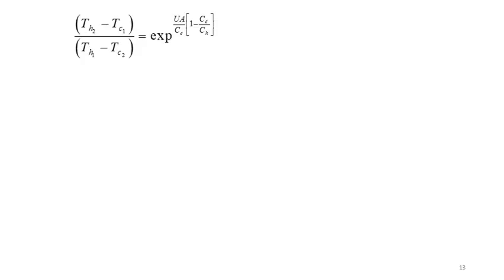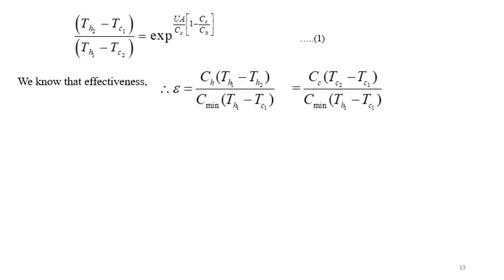Taking the natural logarithm, we can also write (Th2 minus Tc1) divided by (Th1 minus Tc2) is equal to exponential to the power UA by Cc into (1 minus Cc by Ch). Call this equation number 1. Now try to find the values of Th2 and Tc2 from the effectiveness equation.